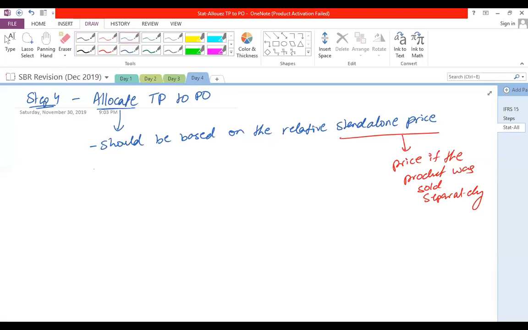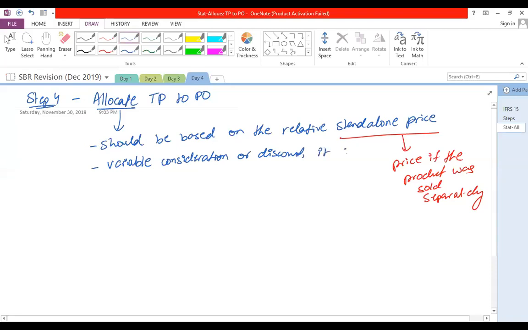And the second point is that in case of variable consideration or discount, it can be allocated to one or more performance obligations.